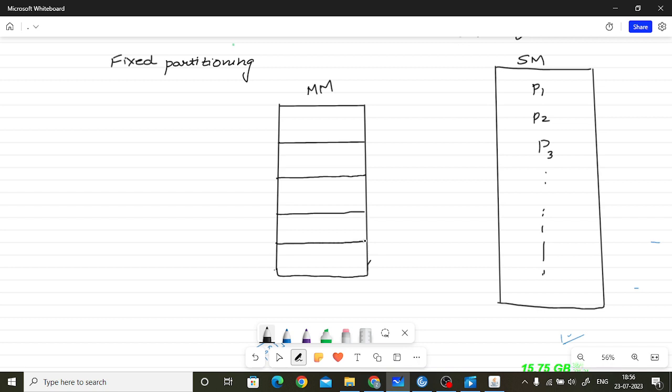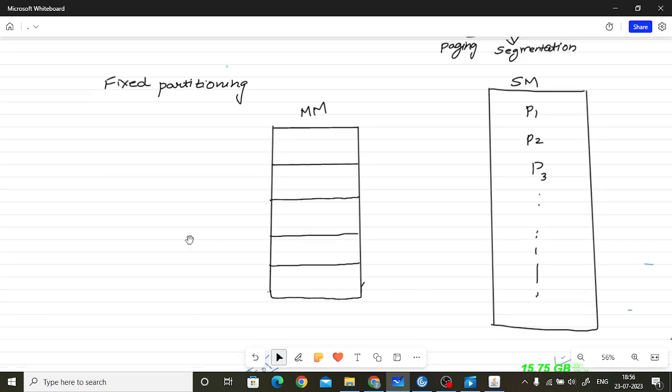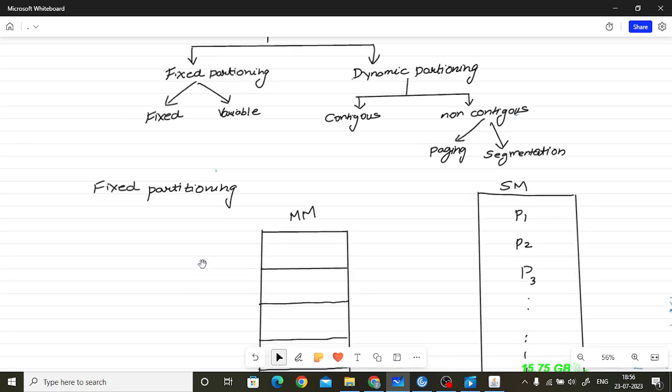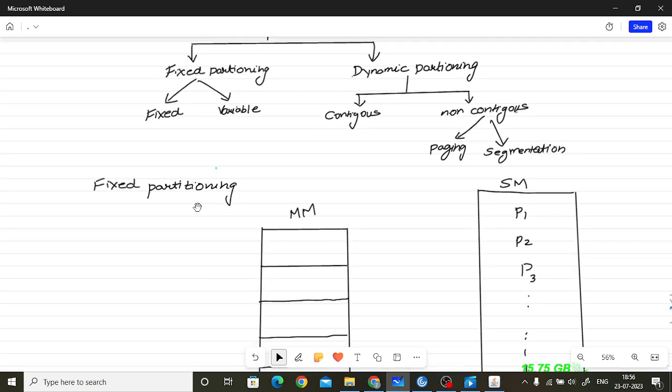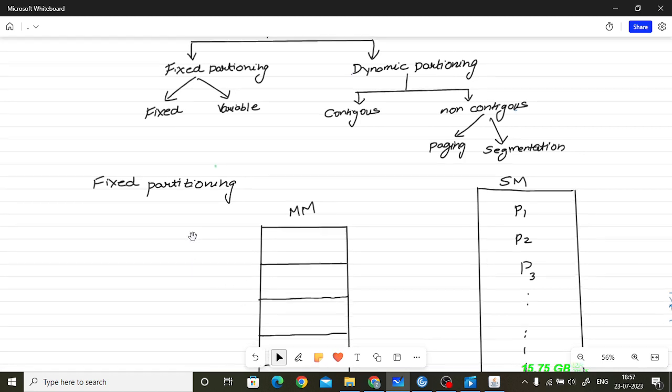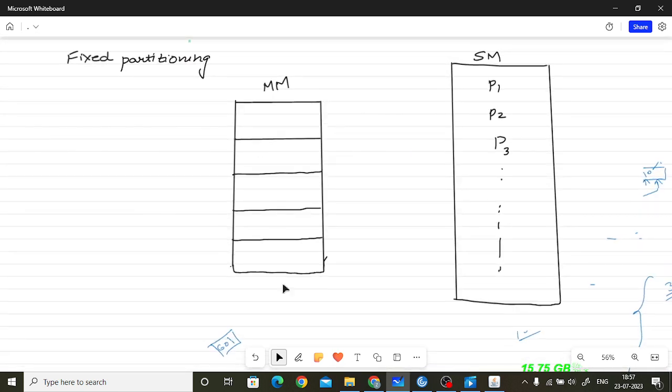Fixed partitioning can be implemented in two ways: fixed and variable. If the partition size is fixed, let's say to 2 KB, then we have 2 KB blocks, or partitions of size 2 KB.